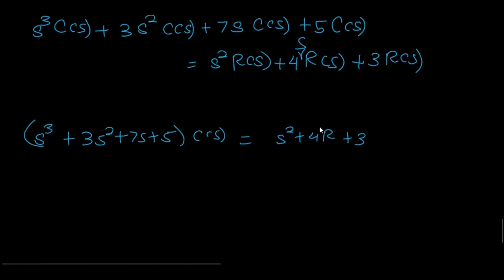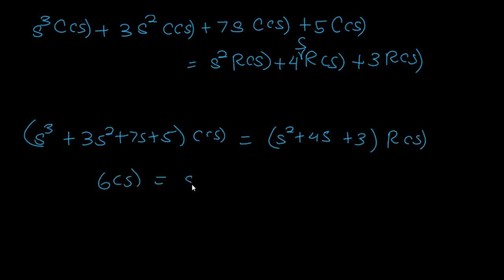Sorry, nalimutan ko. So, ito ay may s, and then factor out natin yung R of s. So, yung G of s is equals to s squared plus 4s plus 3 divided by s cubed plus 3s squared plus 7s plus 5. Okay?